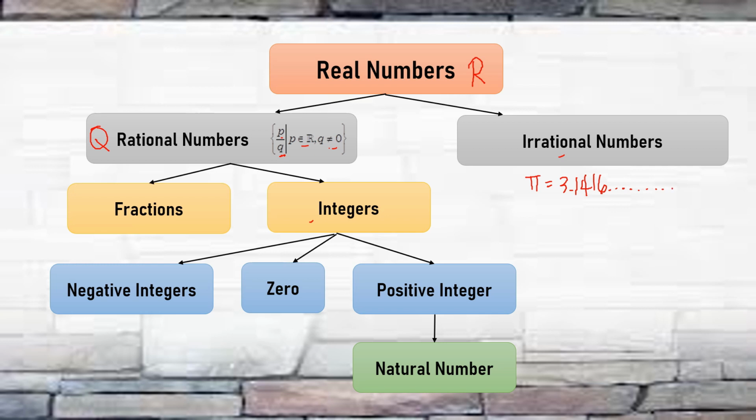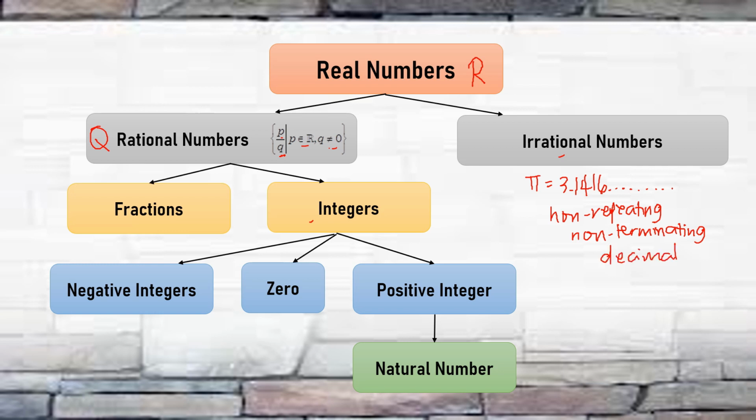This example is a decimal number where it's non-repeating, ibig sabihin hindi ulit-ulit yung numero, non-repeating, non-terminating. Pag sinabing non-terminating, hindi siya natatapos, endless decimal number.